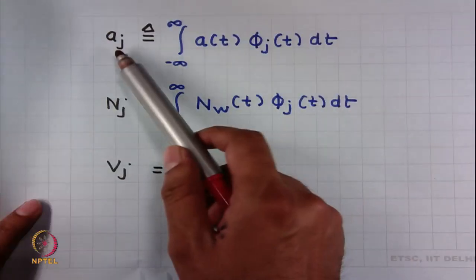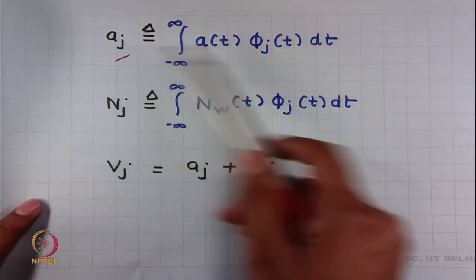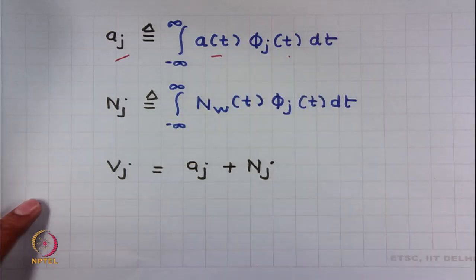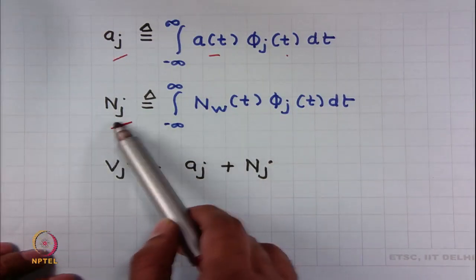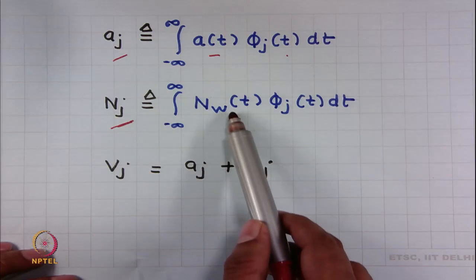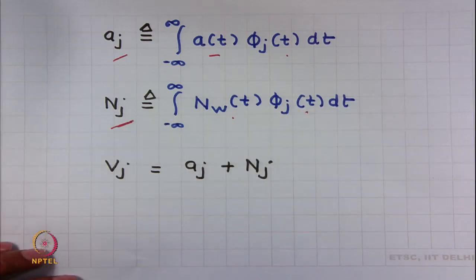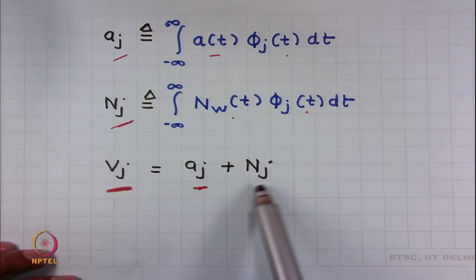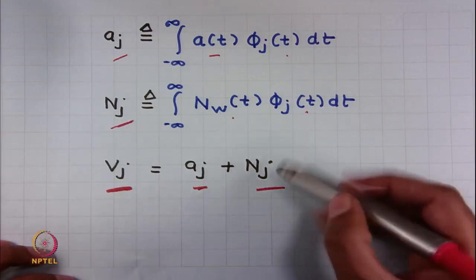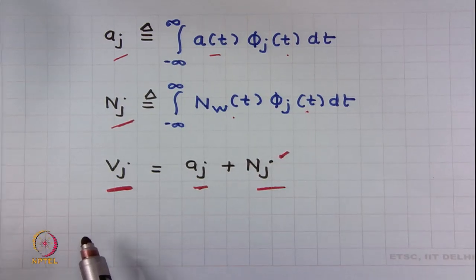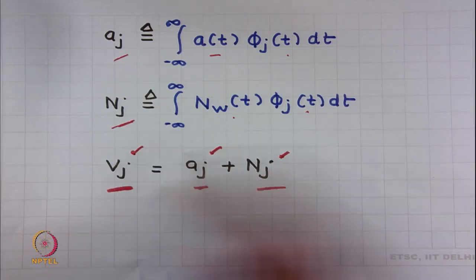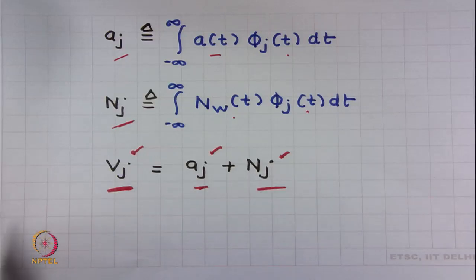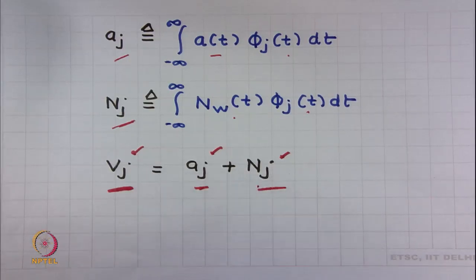I have already defined the a_j's as the coefficients of projections of a(t) on this phi j(t), and I can define n_j as the coefficients of projections of this white noise on phi j(t). Once I choose this definition, my V_j is simply a_j plus n_j, where n_j is the projection of white noise on these orthonormal functions, a_j corresponds to the projection of the signal on these orthonormal functions, and V_j is the sum of these two coefficients. Okay. It is a random variable because n_j is a random variable.